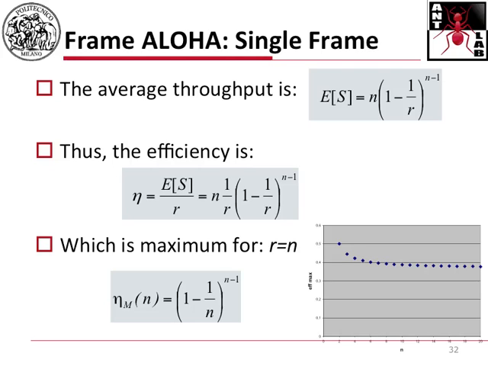In that formula, small n is the number of tags which take part in the process, and small r is the frame size, so how many slots are in the frame.